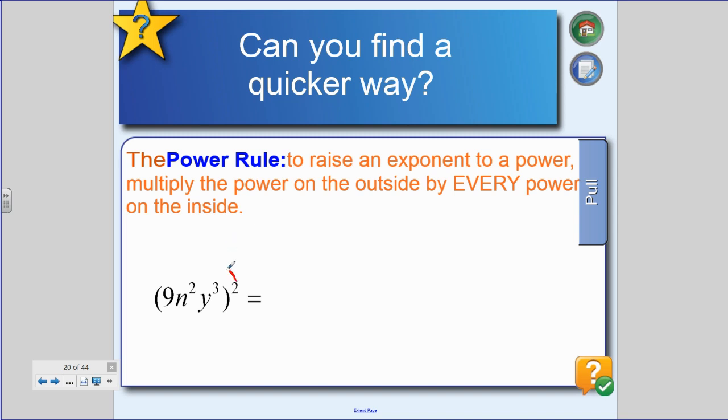So 2 gets multiplied by this exponent of 3, this 2 gets multiplied by this exponent of 2, and this 2 gets multiplied onto the 9. And we have to think, what is 9's exponent? If it doesn't have an exponent there, that exponent is actually a 1. So what I'm going to end up having is 9 squared, or 81, n to the 2 times 2 which is 4, and y to the 3 times 2 which is 6th.